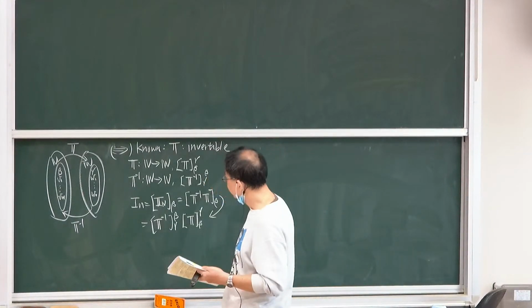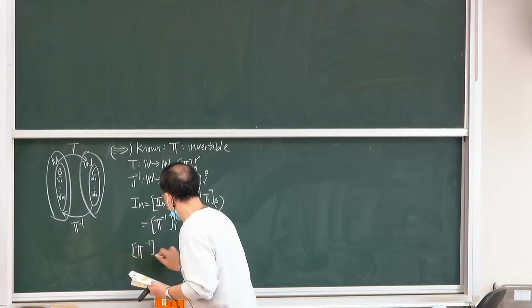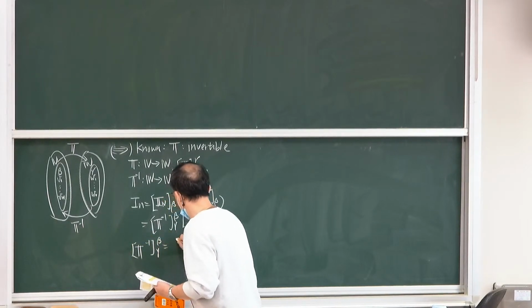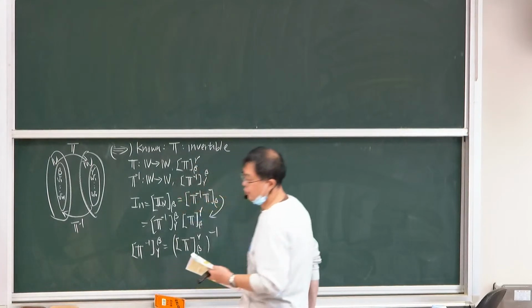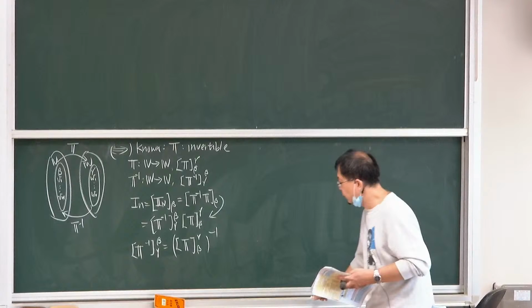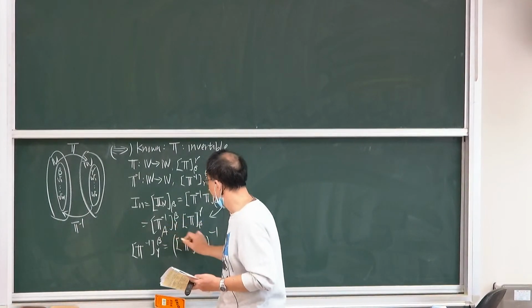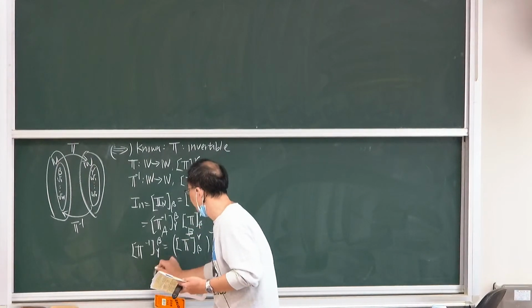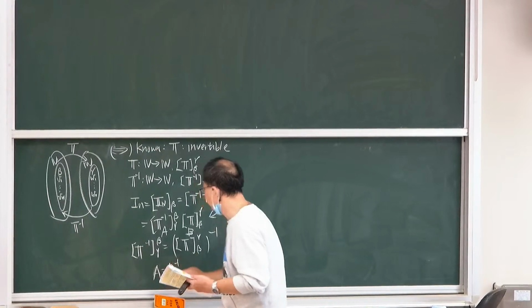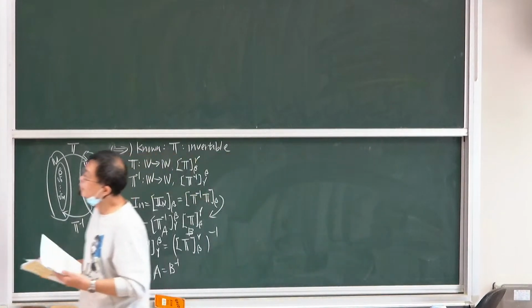Then we know that T inverse from gamma to beta will be equal to the inverse matrix of T from beta to gamma. You can consider it as A and B, where A equals the inverse matrix of B. So we get this result.